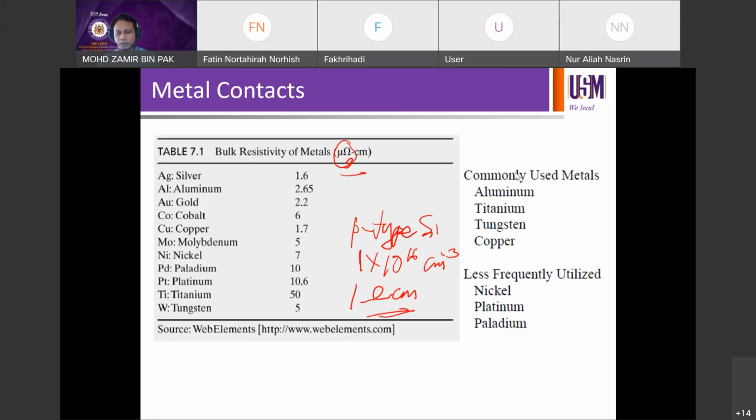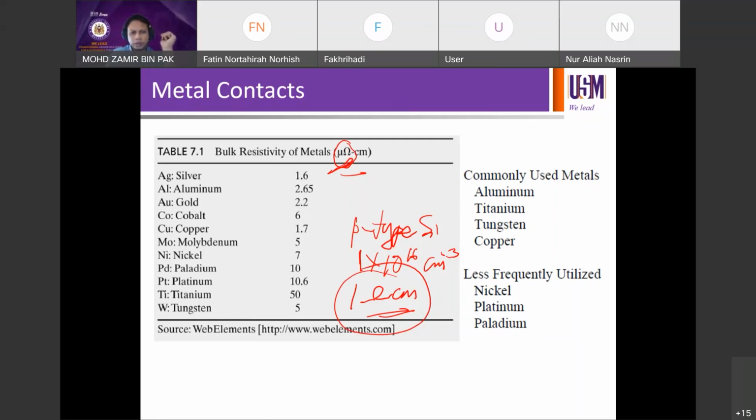Conductivity is the inverse of resistivity. When you compare resistivity of semiconductor, we're talking about ohm cm region, and the moment you start talking about the metals, then we are talking about micro. So that's like 6 orders of magnitude lower in terms of resistivity compared to semiconductor like silicon.